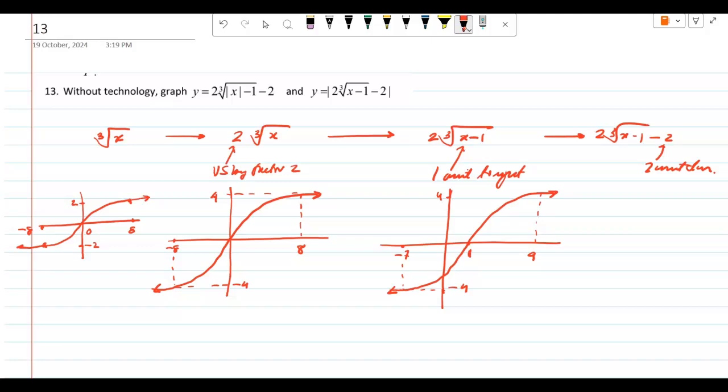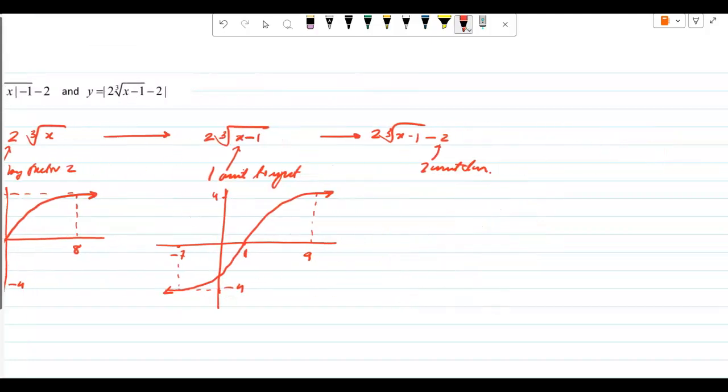And then what are you doing? 2 units down. That means the y value will change from 2 to minus 6. So 2 units down, this will become 1 comma minus 2. This will become minus 7 comma minus 6.